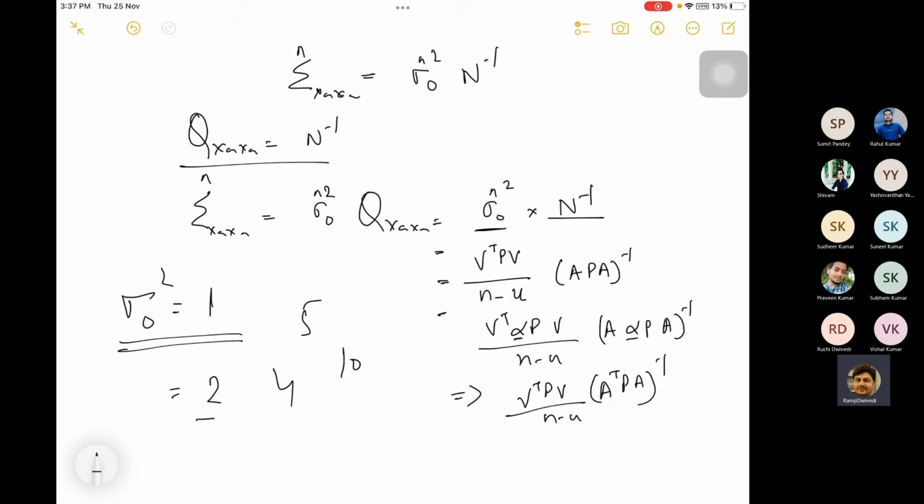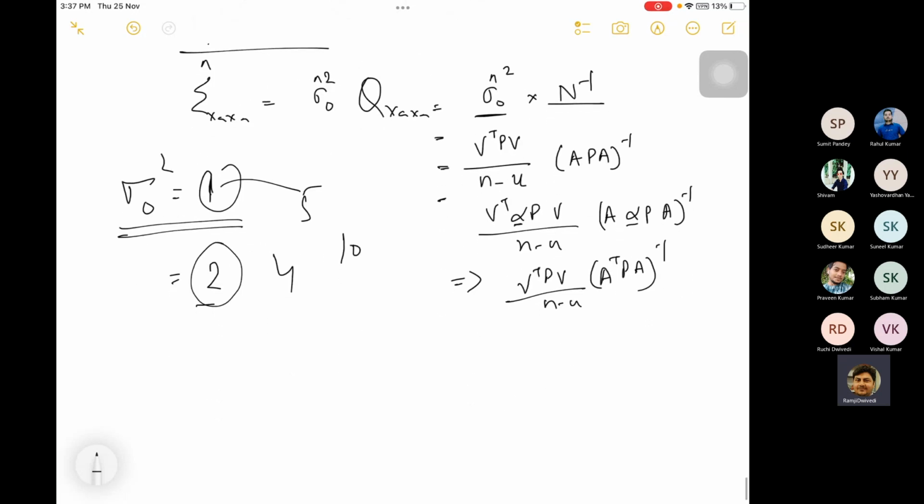Because if we change sigma from 1 to 5, 5 to 2, or whatever value, where does it affect? It is said that some of the intermediate results are affected by the assumed sigma naught square. I mean, not the final, but the intermediate, the middle steps that we have seen during the derivation.